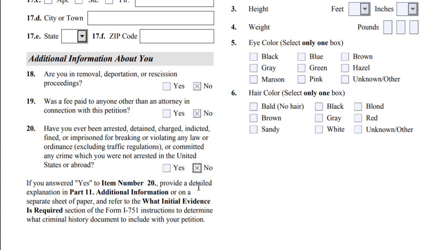Part 11 is where they give you more space to give an explanation or extend your answer. Or you could do it on a separate sheet of paper and refer to the What Initial Evidence Is Required section of the Form I-751 instructions to determine what criminal history documents to include with your petition.